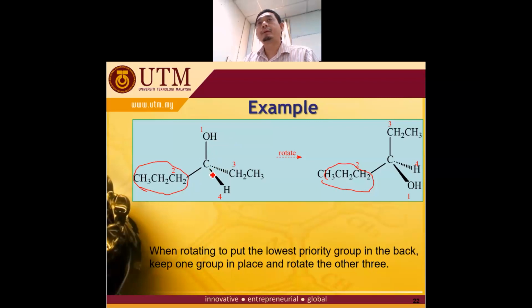We can rotate like this so that this group is at the back, OH at the front, H at the back, and this ethyl group at the top. So this is an example: if group number 4 is not at the back, we need to rotate. In this case, it's clockwise. It's R. The 1, 2, 3. So it's R.